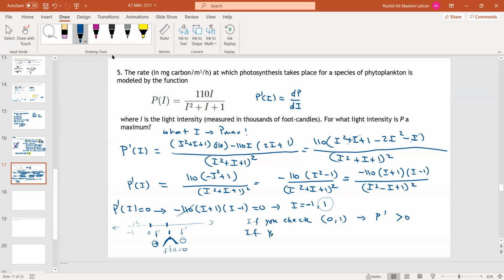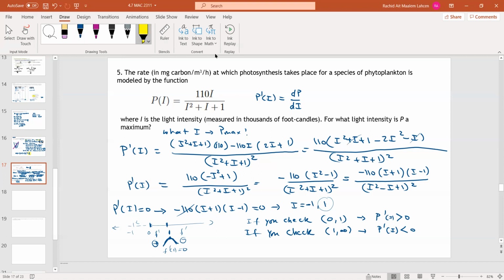And if you test on the right side of 1, let's just say 1 to infinity, you're going to find p prime less than 0. Try it.